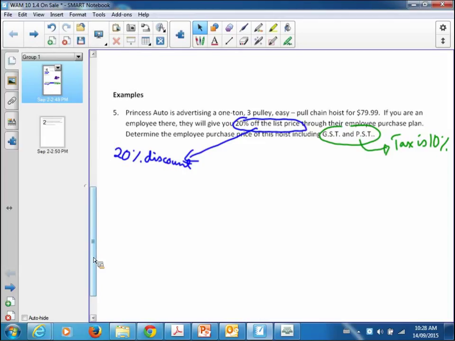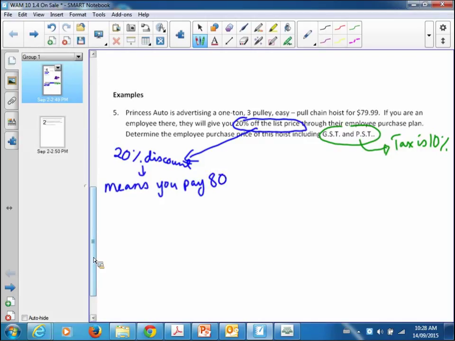Now this is a $79.99 item, but if you have a 20% discount, does it make sense you're going to pay 80% of the price? Because you can skip some math if you do this. 20% discount, that means you pay 80%.